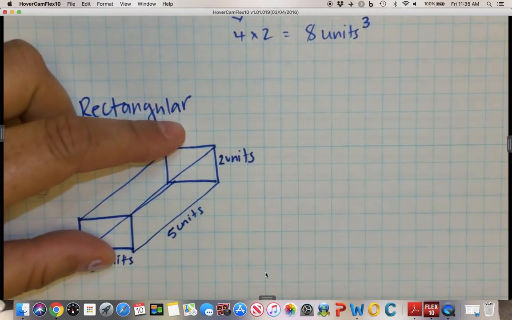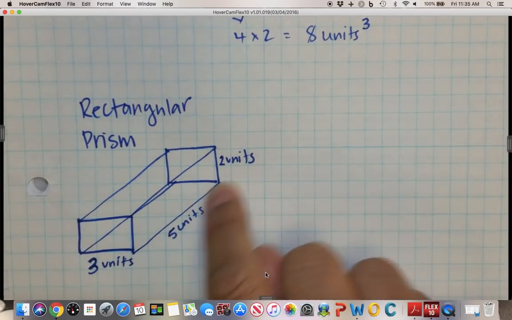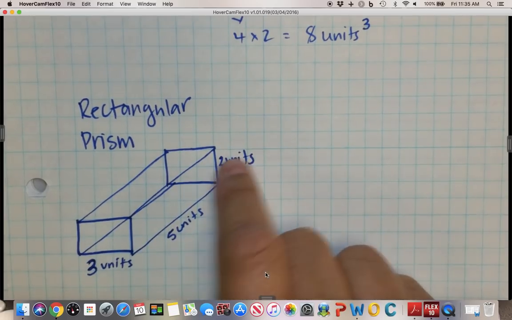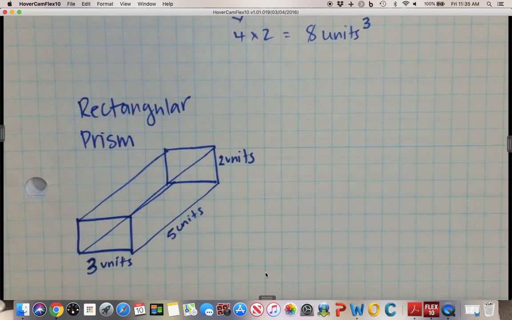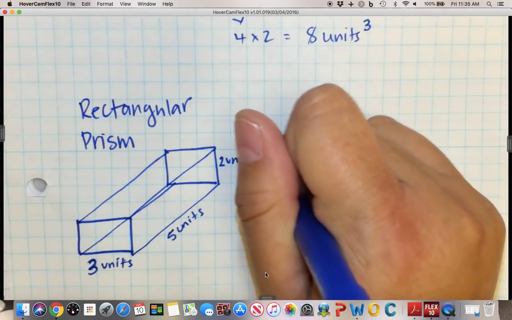Now, if this rectangular prism was sitting up, this side could be the height. And these two could be the base and the width. It just depends on the direction of the rectangular prism. It doesn't matter though, because we multiply all three of those numbers together to get the volume.